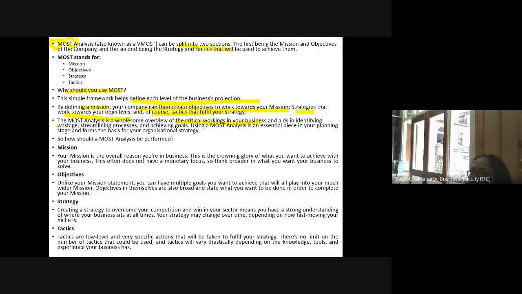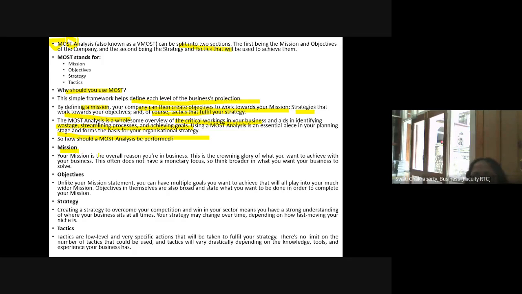It helps in identifying the wastage, streamlining processes, and achieving the goals that have to be achieved. It's a very important and essential piece for the planning stage and forms the basis for an organization's strategy.